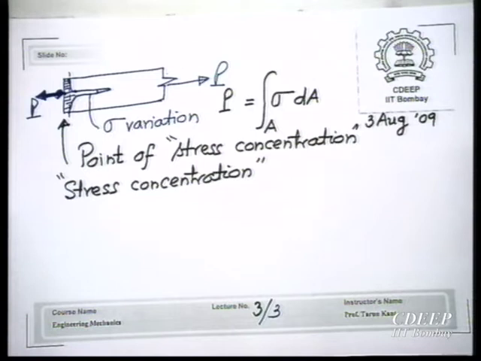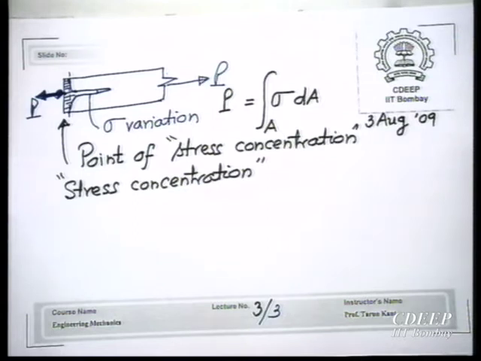So, wherever loads are applied, wherever you have changes in the geometry of the member, supposing there are two rods which are joined together and the diameters are different, suddenly what will happen? P is the same, area is changing.